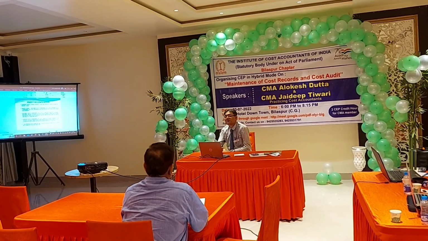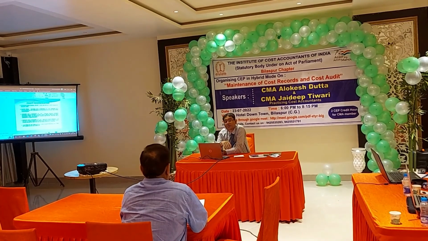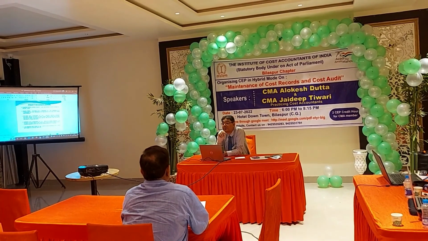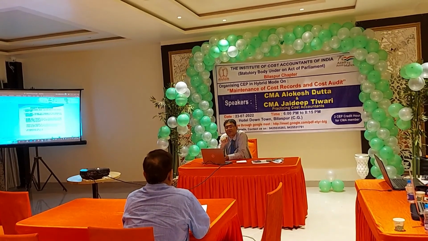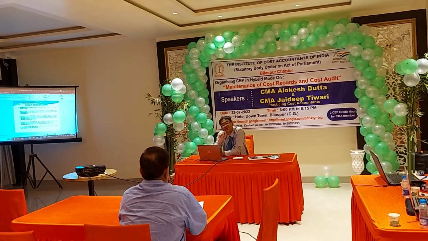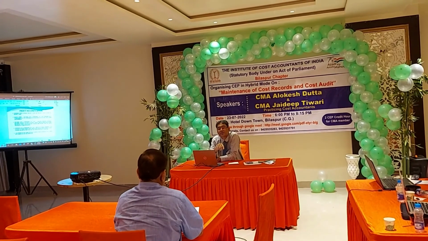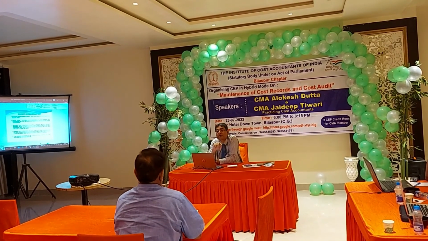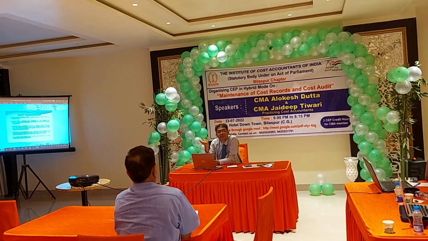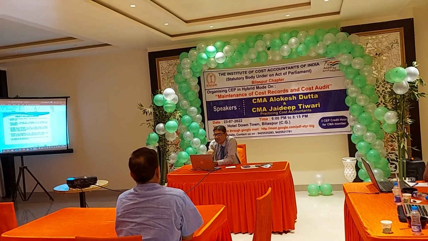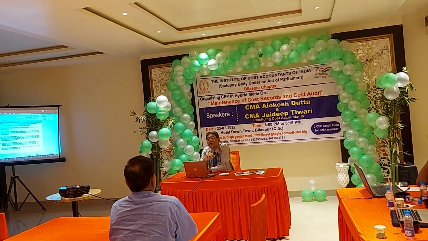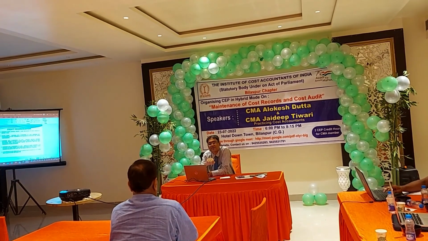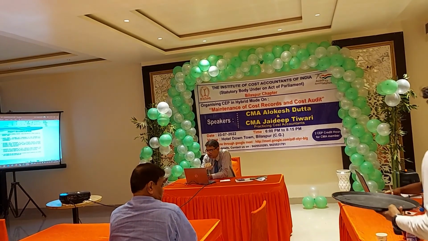Because when you are preparing the raw material consumption chart, the raw material closing stock rate has been derived after taking into consideration all other expenses incurred on that raw material. That rate might be different from the rate adopted in the financial accounts. So difference in valuation of stocks means difference in valuation of finished goods and raw material. At least these two you have to take into consideration.